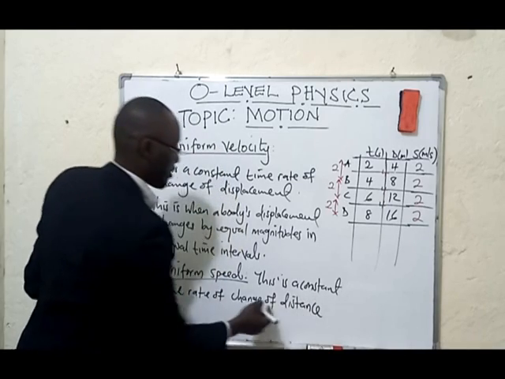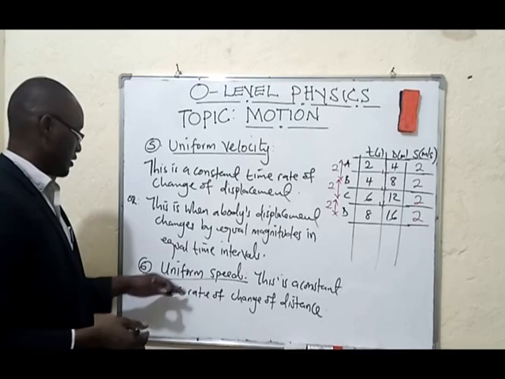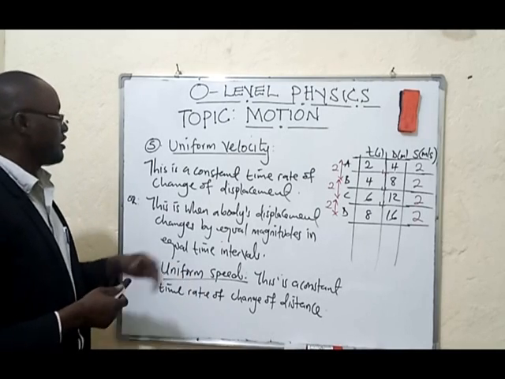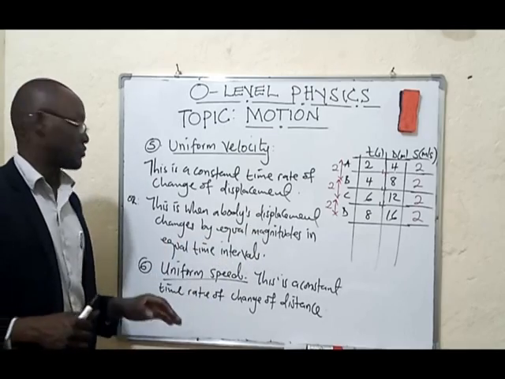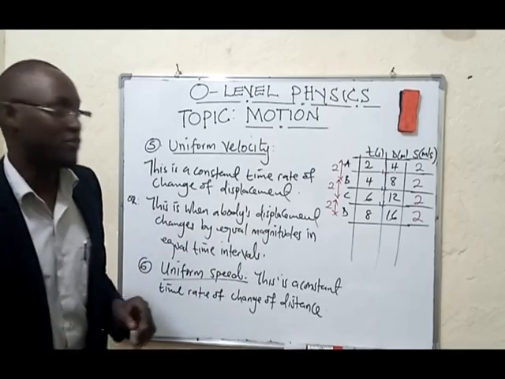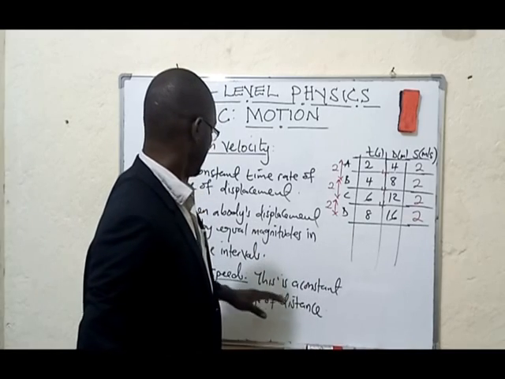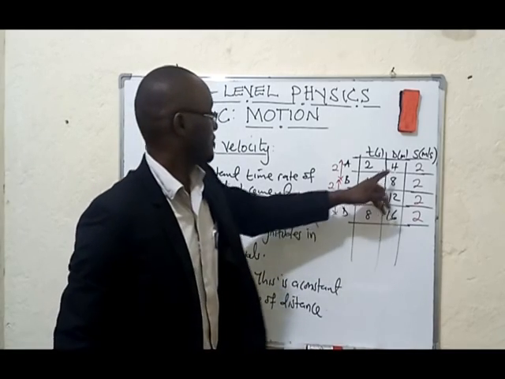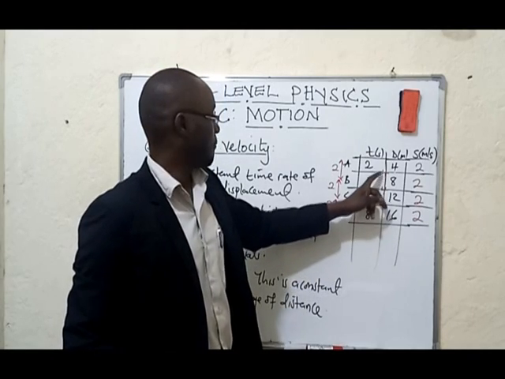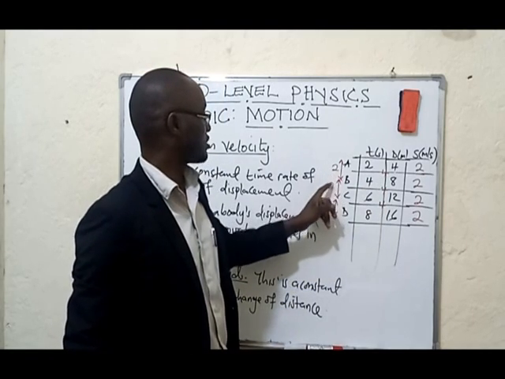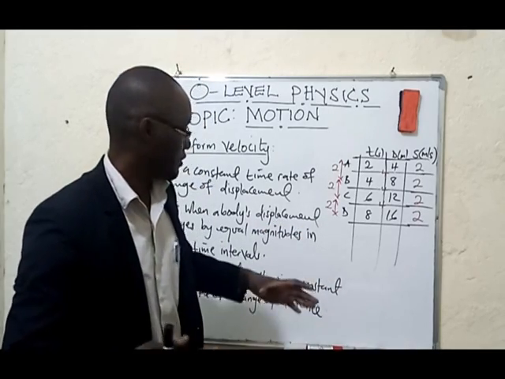We are going to talk about time and then distance. Those are the two terms. Or uniform speed is when a body's distance changes by equal magnitudes in equal time intervals. For example, here by 4 by 4 in equal time intervals. That's what we call uniform speed.